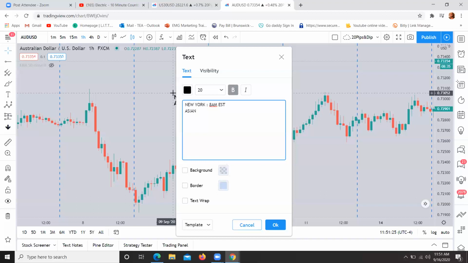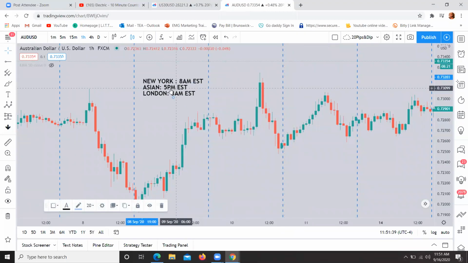Asian session moves starting around 5 p.m. Eastern, which is the start of the day. Let me also put London. Okay. Asia session is the slowest moving time in the market. Then it's New York, and then the fastest is London.